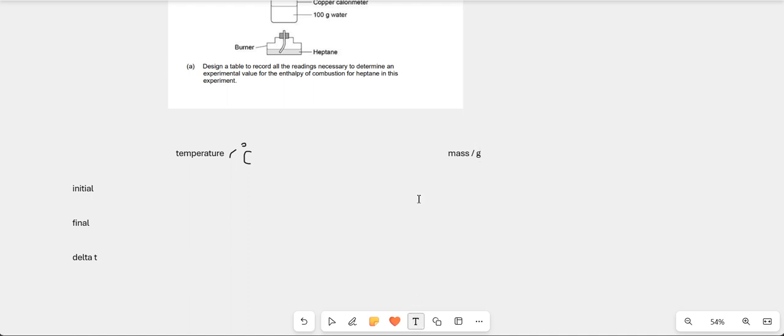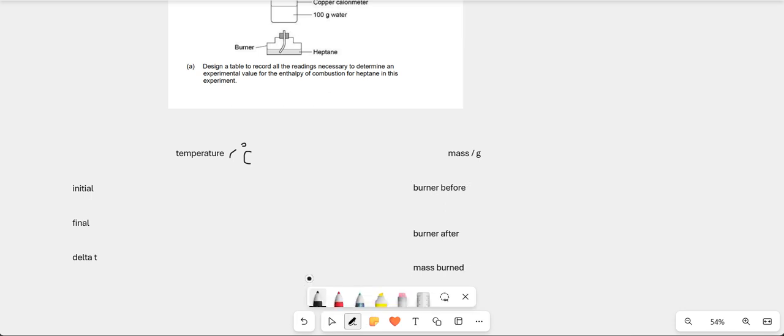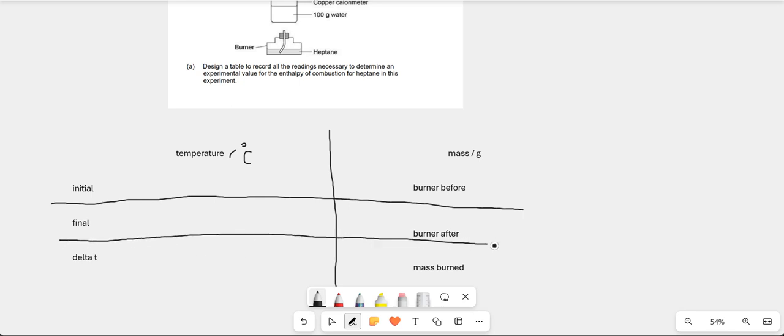And then I can write the same thing: burner mass before, burner mass after, and then change in mass here, or mass burned. So that's the full table. It will look like that. Cool.